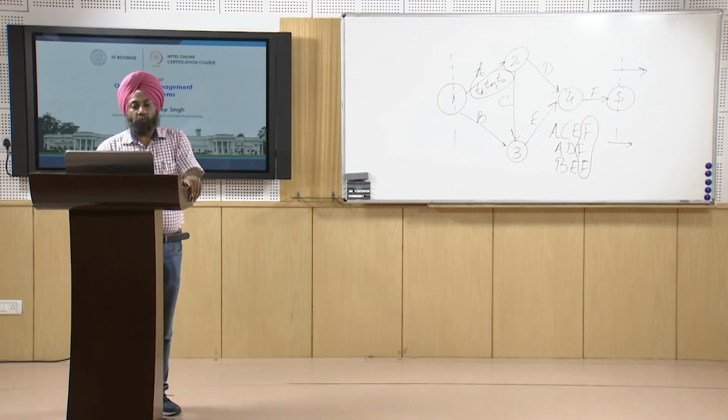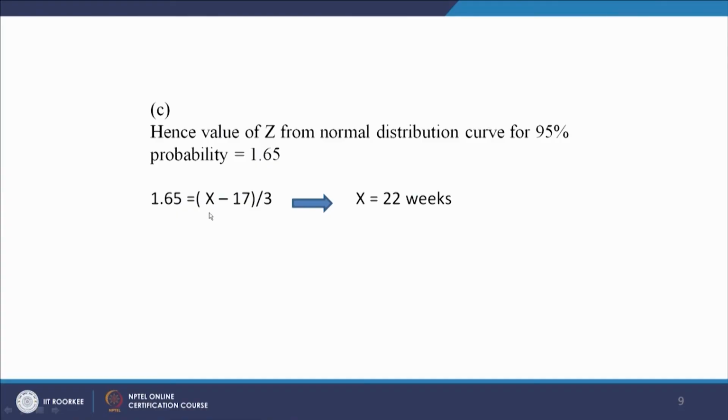So from here we can easily calculate (x - 17) / 3 = 1.65, corresponding to the 95% probability, and from here we can calculate that x is equal to 22 weeks.